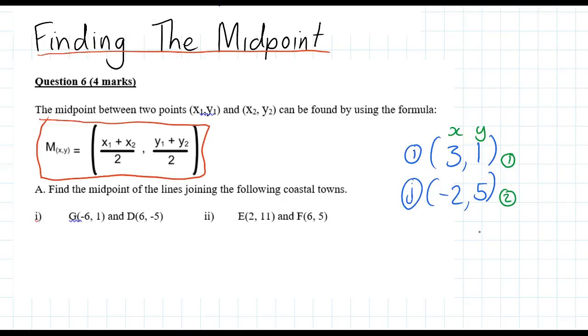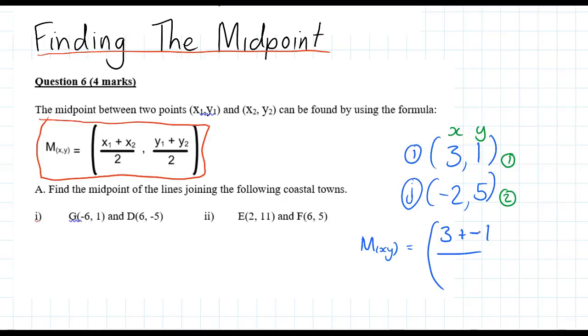Okay, so my first thing is just to rewrite the formula, but substituting in the points. So I've got M of x, y equals, and now I start my substitution. I need x1, x from point 1, which is 3, and I add that to x2, x from point 2, which is minus 2.